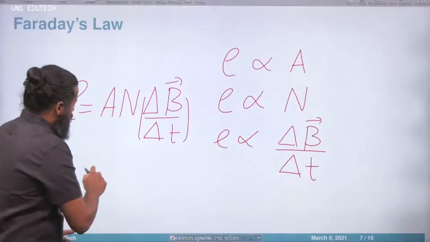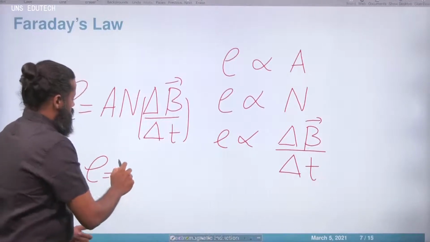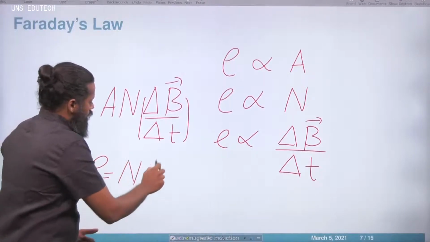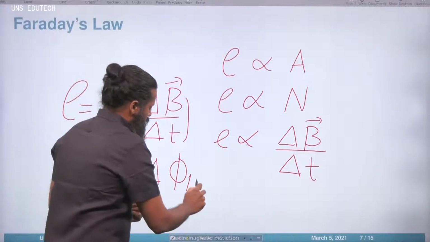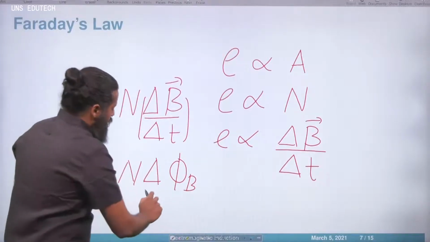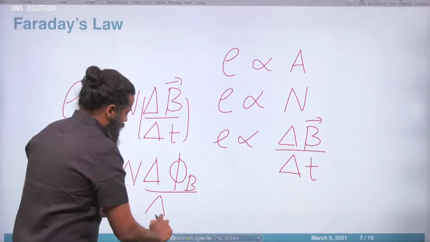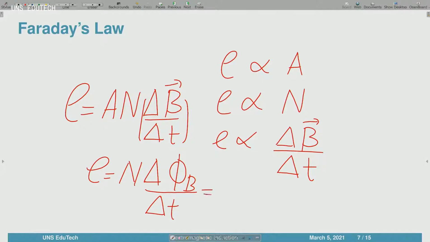You can say that E will be equal to N into delta phi B. This is nothing but magnetic flux divided by delta T, and this is for a simple short duration of time. If it is an infinitesimal time, then we can say N into d phi B by dt.